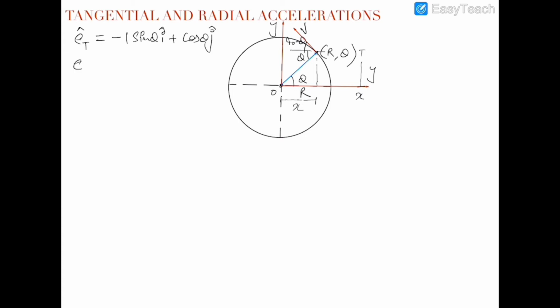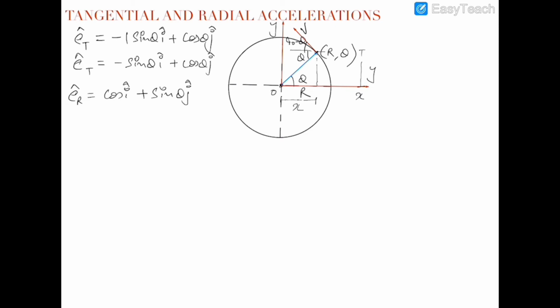So the tangential unit vector will be minus sin theta i cap plus cos theta j cap. Now the radial unit vector will be cos theta i cap plus sin theta j cap.